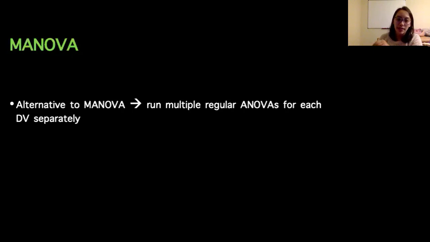And the MANOVA isn't always the answer to analyzing those, because when our dependent variables get compiled, if they're not operating on the same wavelengths, it actually could make your data worse. Or sometimes you won't identify significant differences when there actually are significant differences.